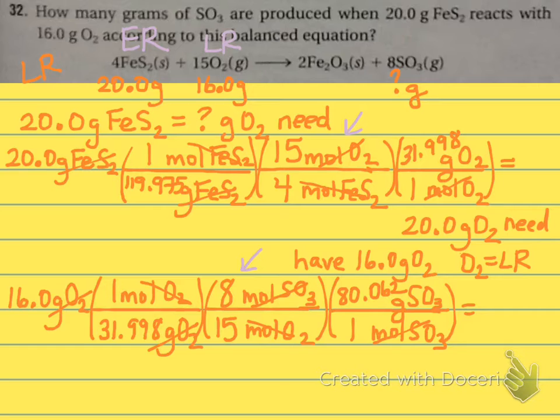So I'm going to take that, multiply that by 8, multiply that by 16, divide that by the 31.998 times the 15 in parentheses, and I should have 3 significant figures. I got 21.35, so I'm going to call it 21.4 grams of sulfur trioxide that I produce.